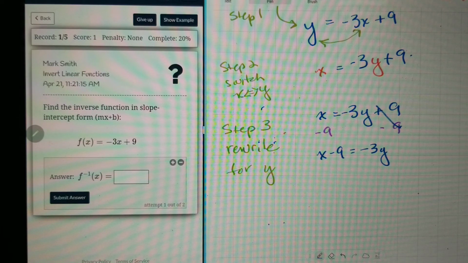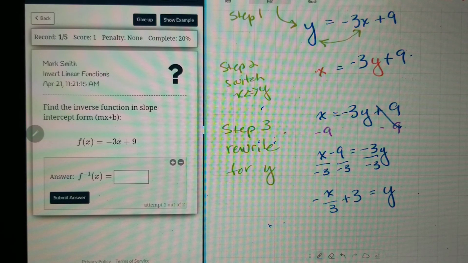All right, so our next step is going to be to divide both sides by negative 3. We divide this by negative 3, and we divide this by negative 3, and we get negative x over 3, and negative 9 divided by negative 3 is a positive 3, and so that is equal to y. All right, so that wasn't too bad.